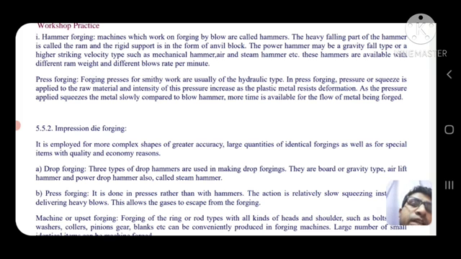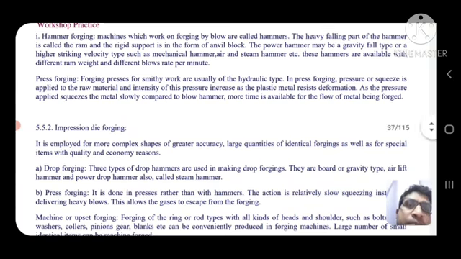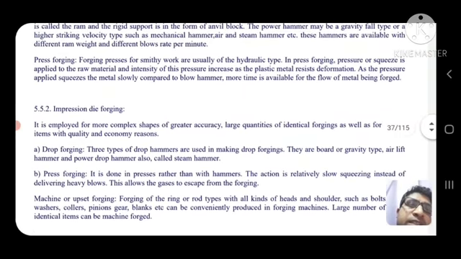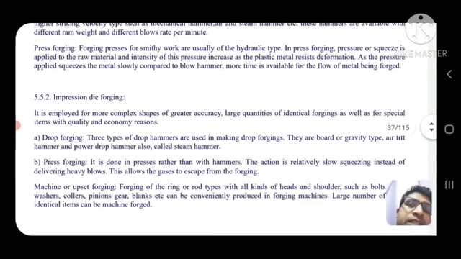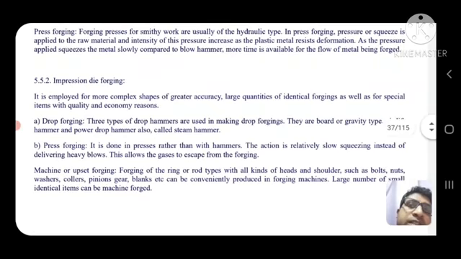The power hammer may be a gravity fall type or a higher striking velocity type, such as mechanical hammer, air and steam hammer, etc. These hammers are available with different ram weights and different blow rates per minute.